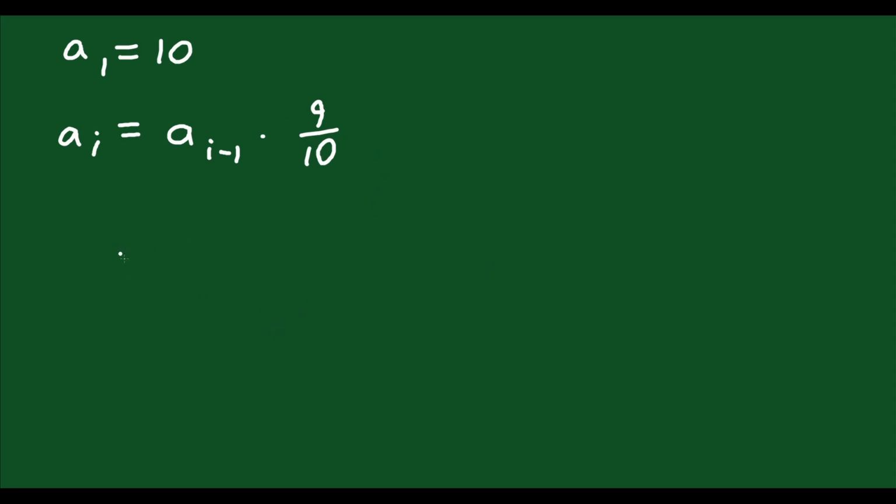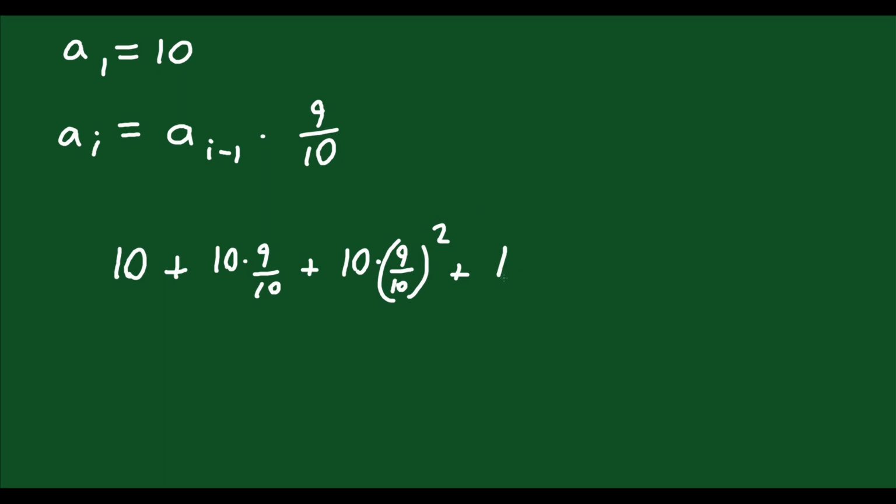You could say, all right, well, we start with 10, and then you add 10 times 9 over 10. And then you take that term and you multiply it by 9 over 10 again, so it would be 10 times 9 over 10 squared, right? And then you multiply by 9 over 10 again, so you'd have 10 times 9 over 10 cubed. And that would just keep going.